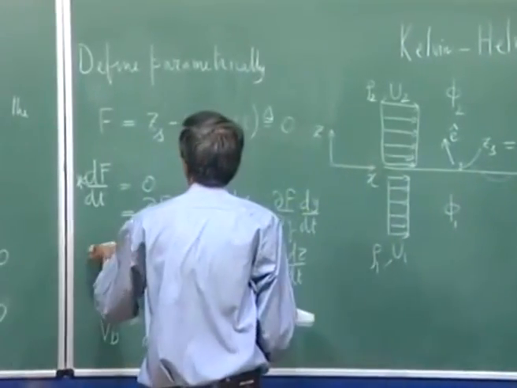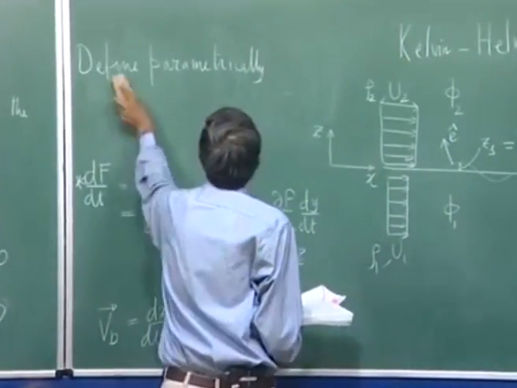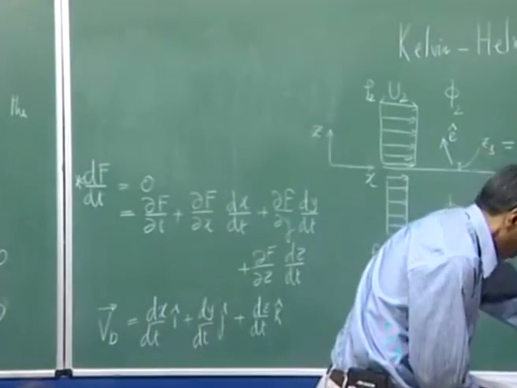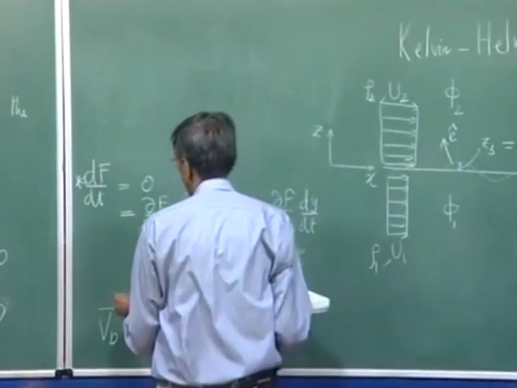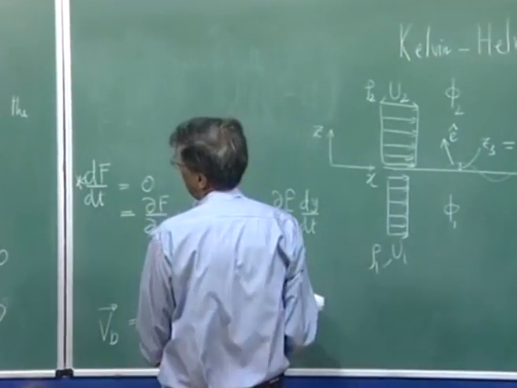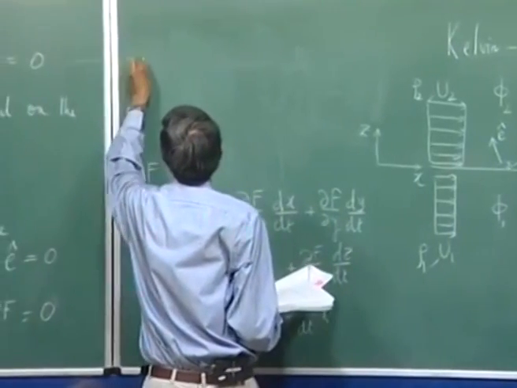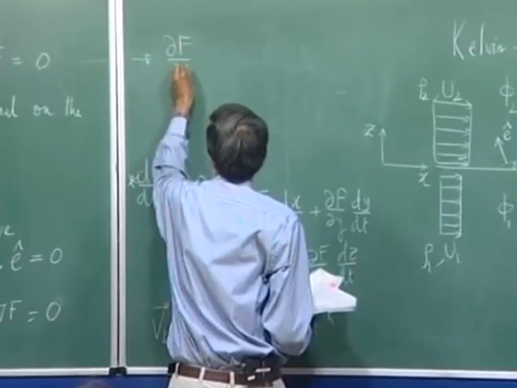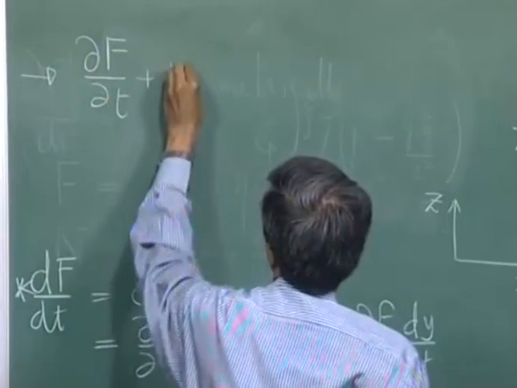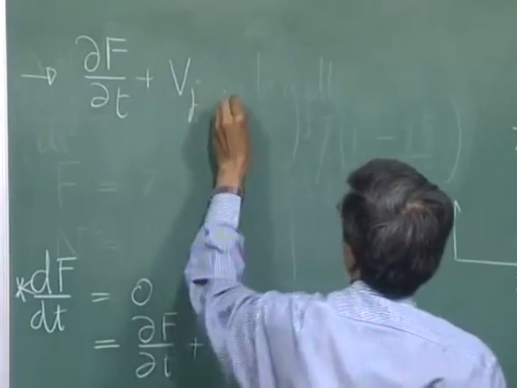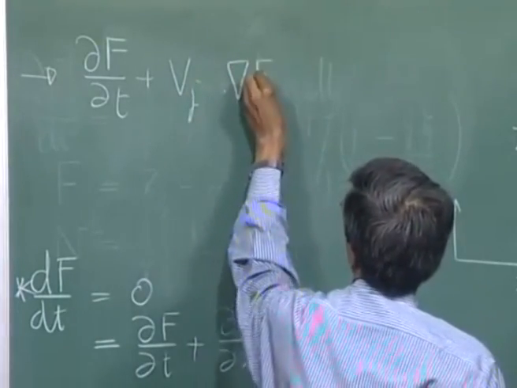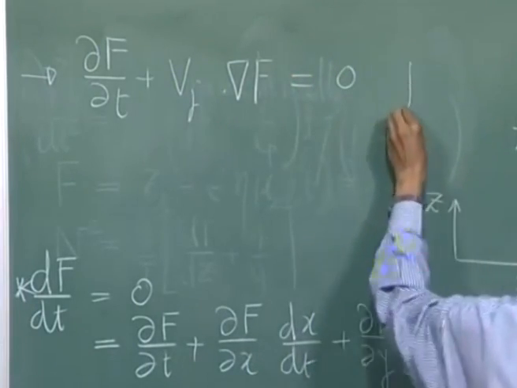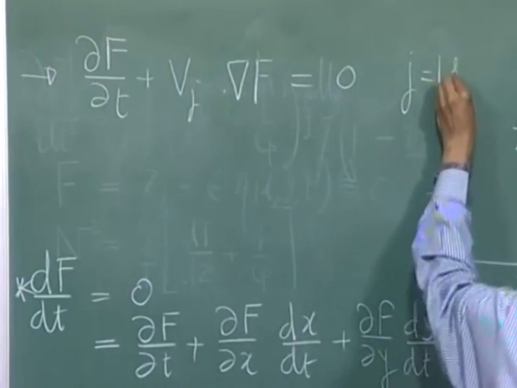So, this equation that we have written here is going to be something like del f del t plus V j dot grad f equal to 0, and this j corresponds to 1 and 2.